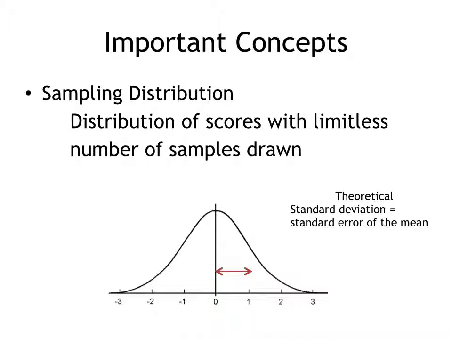And what we do with a sampling distribution, instead of calling it a standard deviation, they switch the name of it on you, and now it's called a standard error of the mean. And this would be just if theoretically we could draw enough samples. It doesn't exist. But we build all of our probabilities on this normal distribution.